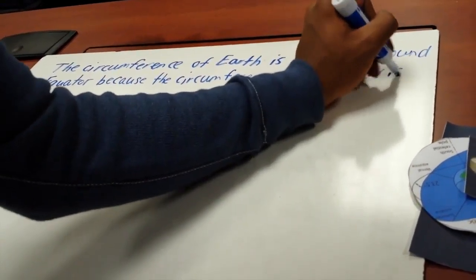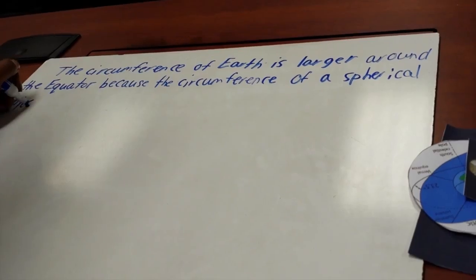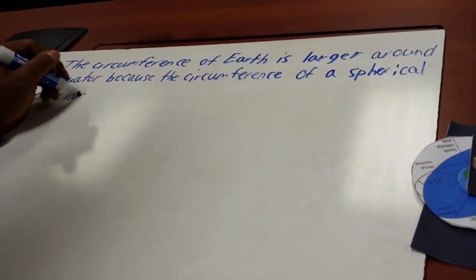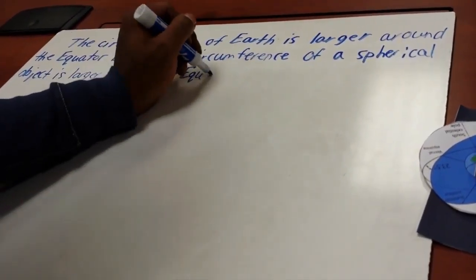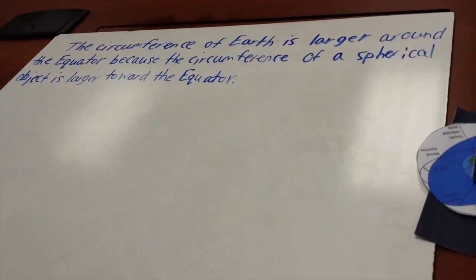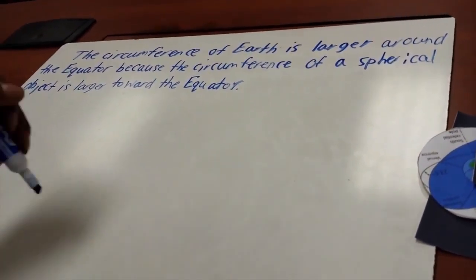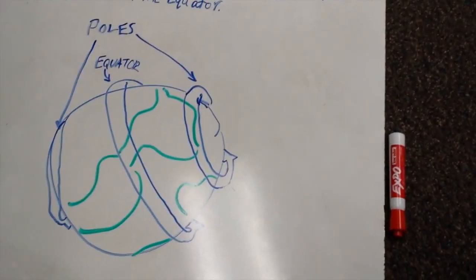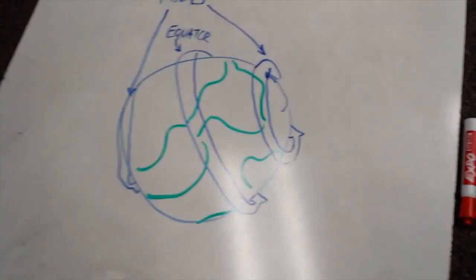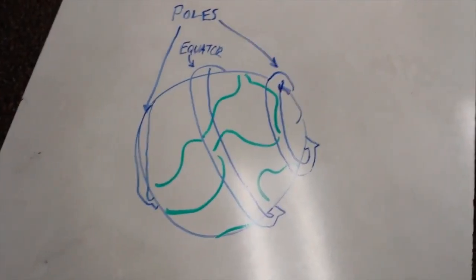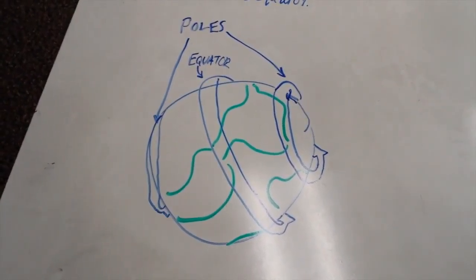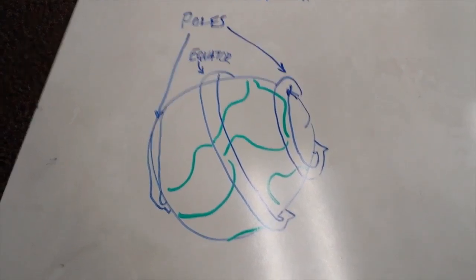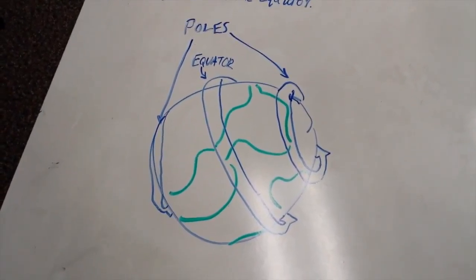And around the center is where the circumference is the widest. So there you have the Earth, your big blue ball of life. And as I mentioned before, you can see that the circumference around the poles is much smaller than that of the equator.